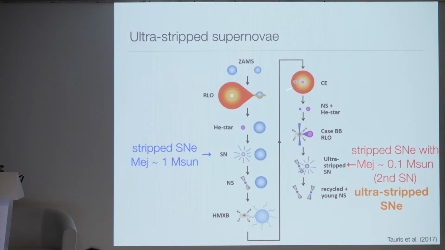If you can avoid having a lot of mass ejecta, you can easily keep this neutron star binary system, and this kind of ultra-stripped supernova can lead to the binary neutron star system, which can merge in Hubble time, or even faster, and that may be a major path to get the neutron star binary systems which we observe as gravitational waves.